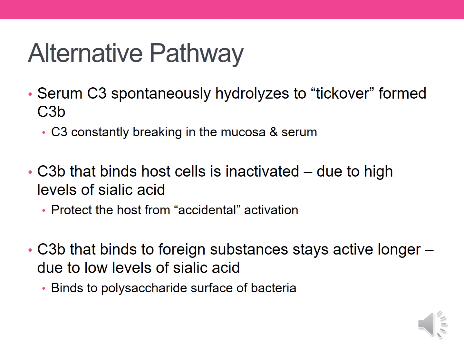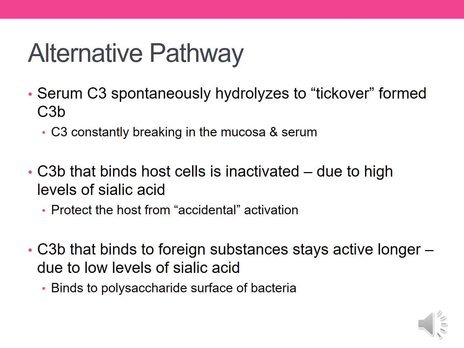So what stops this C3b from landing on our host cells and preventing our host cells from being destroyed? Our host cells actually inactivate this C3b due to sialic acid. This sialic acid protects our host cells from accidental activation of the alternate pathway.